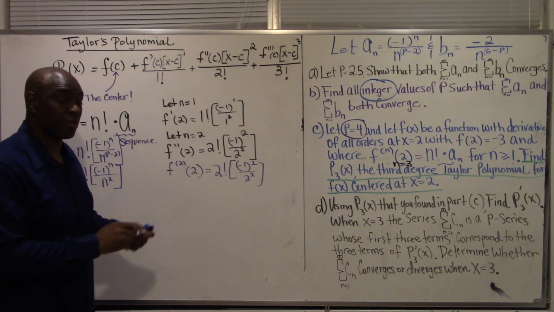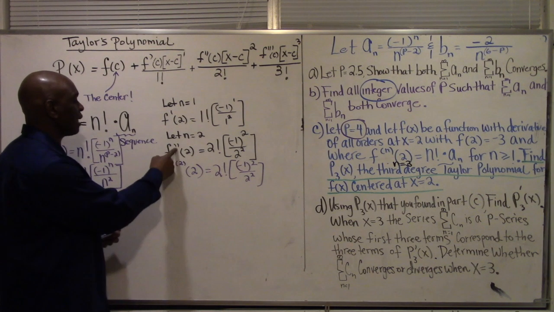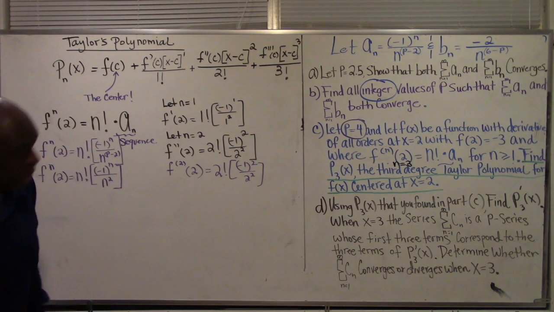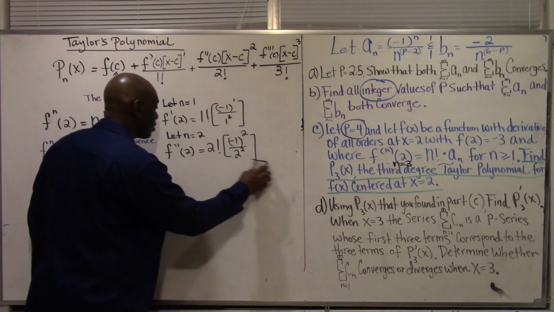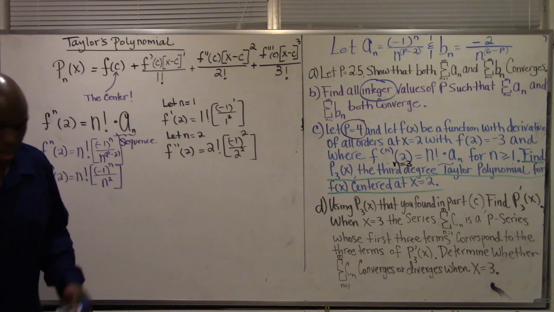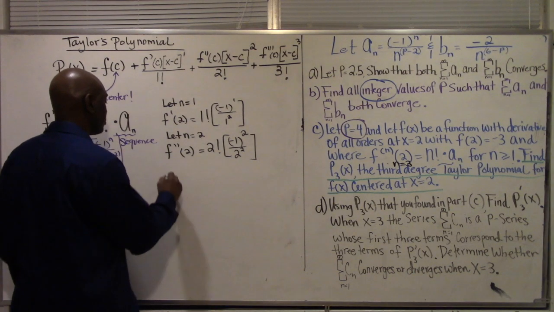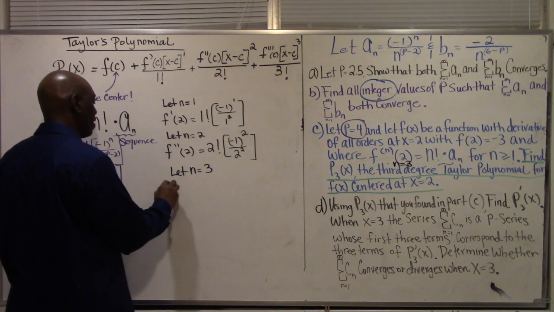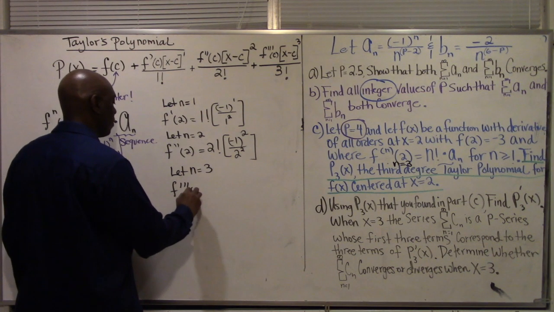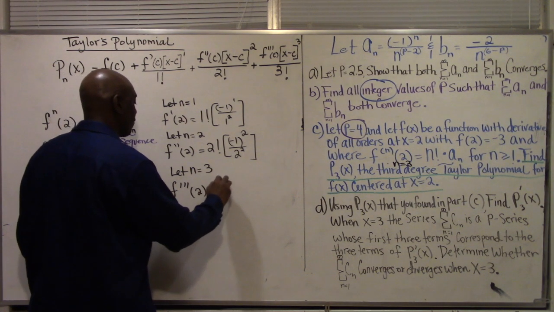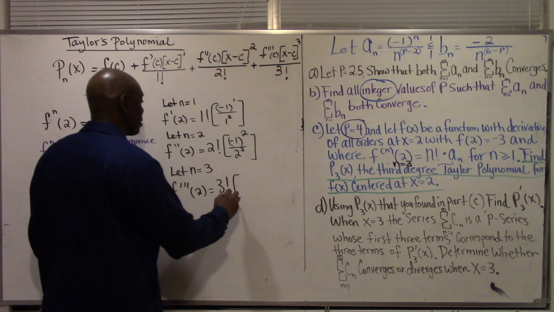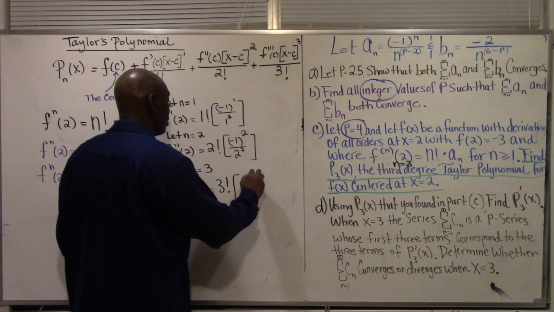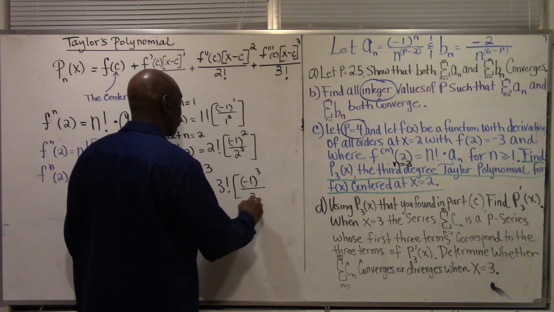But we are talking about differentiation, so I'm going to leave it like this. Good. Now let n equal 3. So I'm going to have f triple prime of 2 equals 3 factorial times -1 cubed over 3 squared.